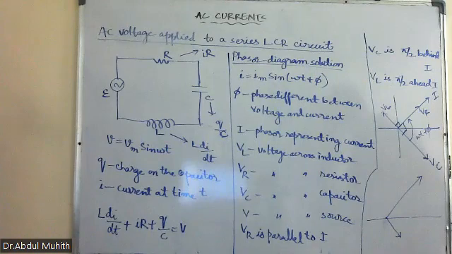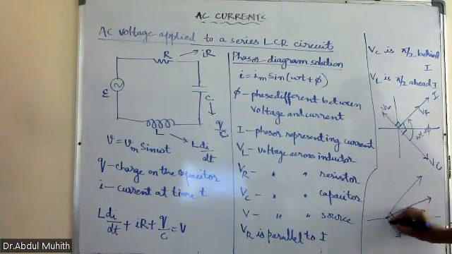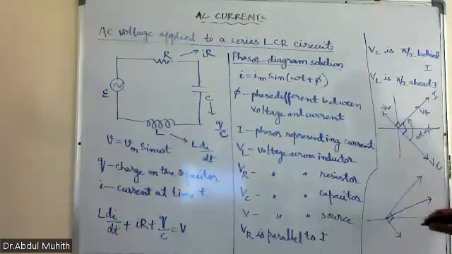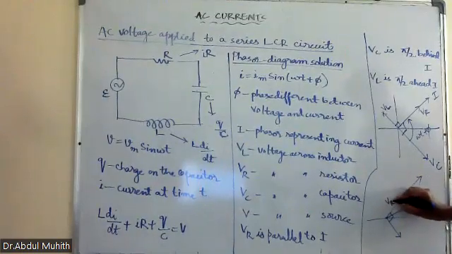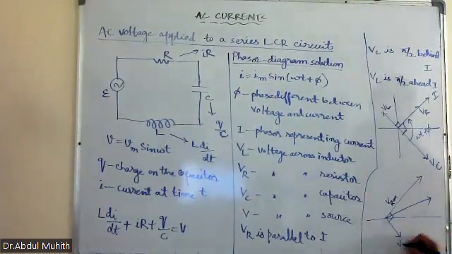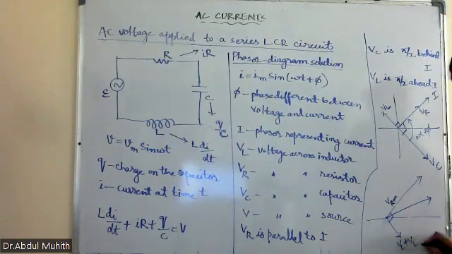This is the final one. Clear? So this is 90 degrees. This is VRM, and this is VC plus VL.